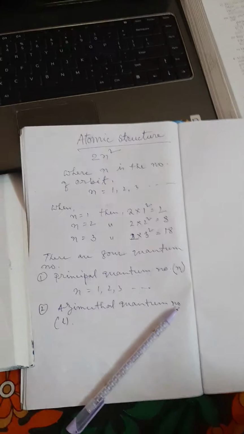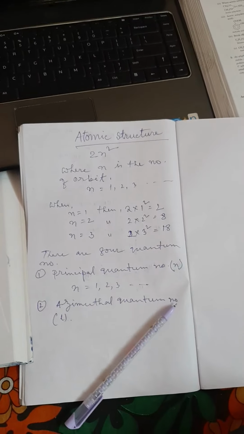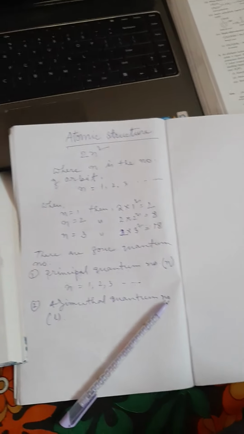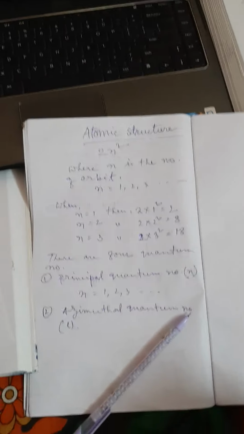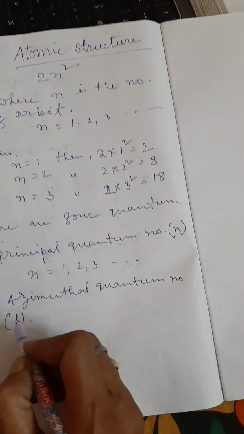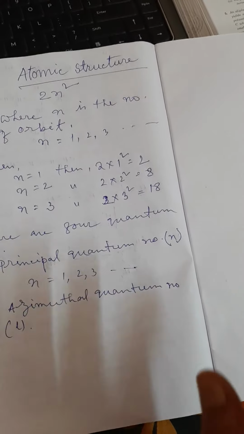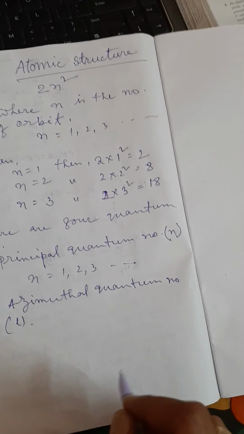Now what to do? You need to hire a labor, rickshaw, or toto, anyone. That is a subshell. The subshells are s, p, d, f. So l defines the number of subshells in an orbit.